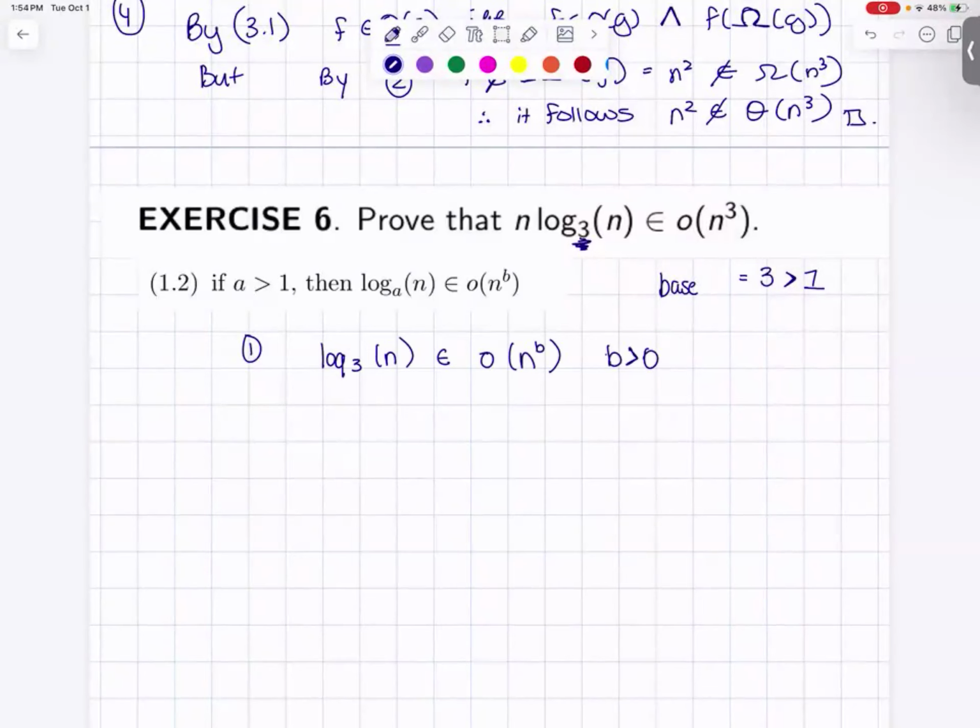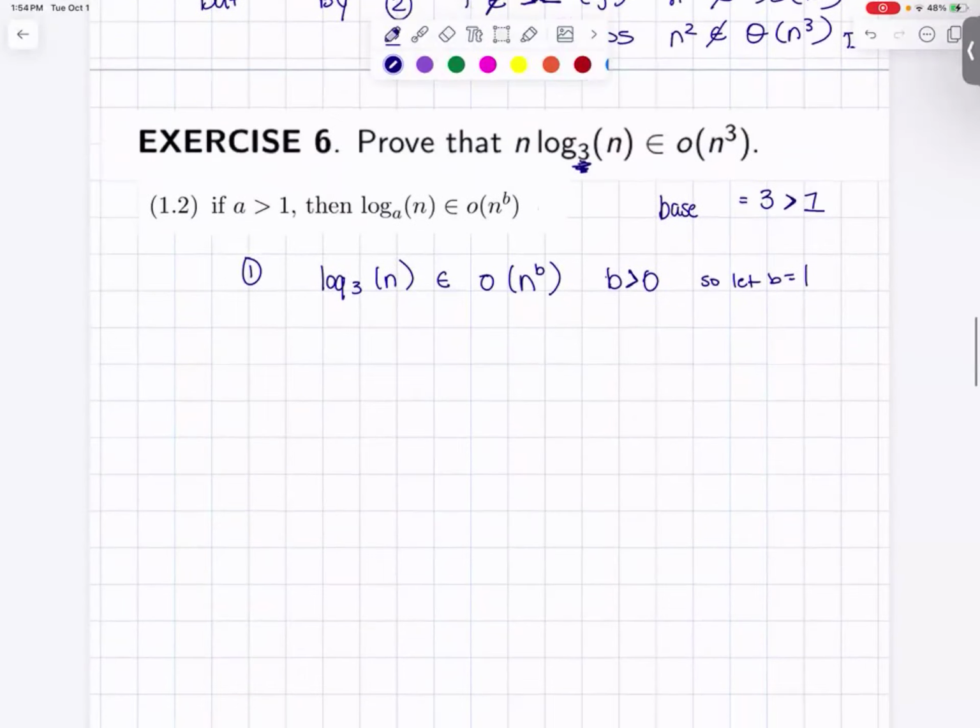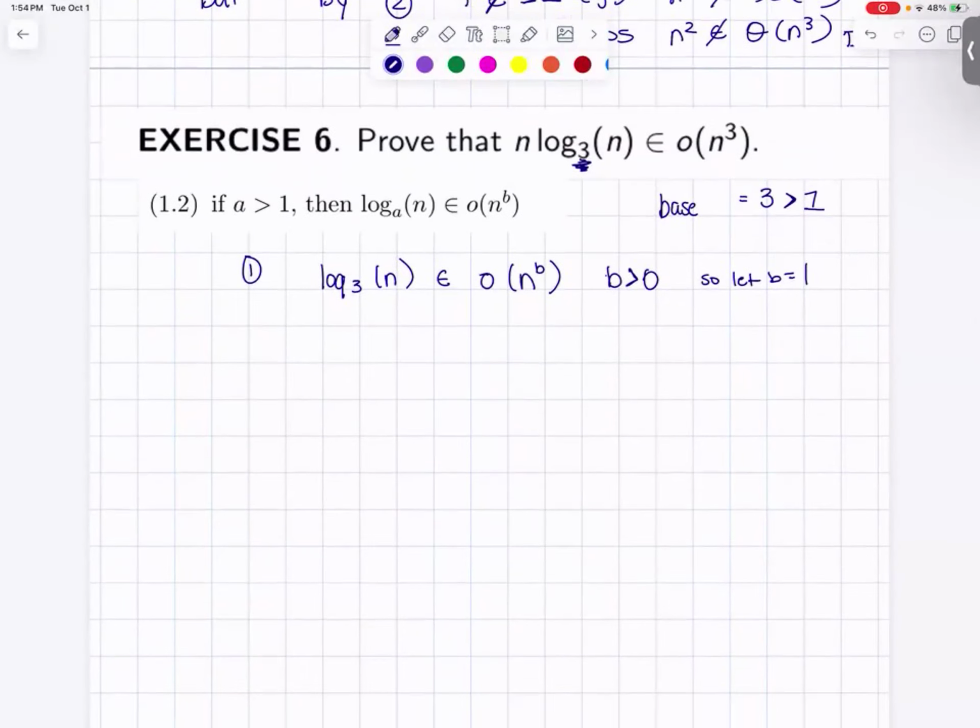So we can choose any b, including choosing b to be 1. So let b equal 1. And what we'll end up with then is log base 3 of n is in little o of just n.